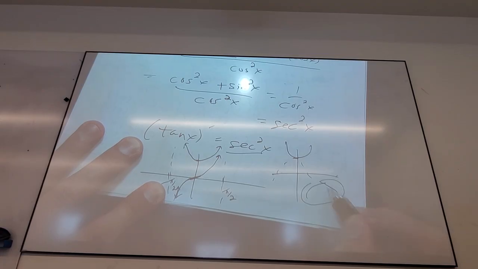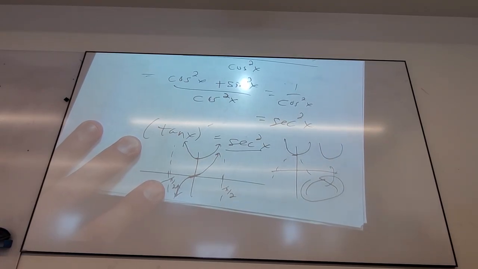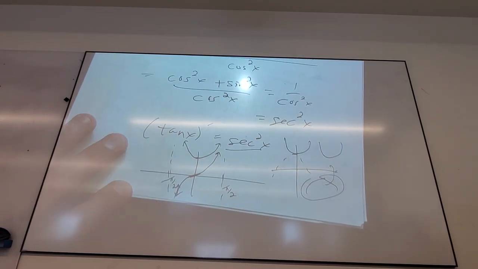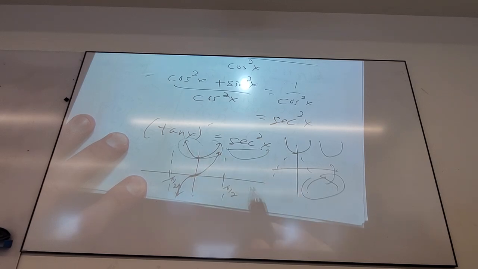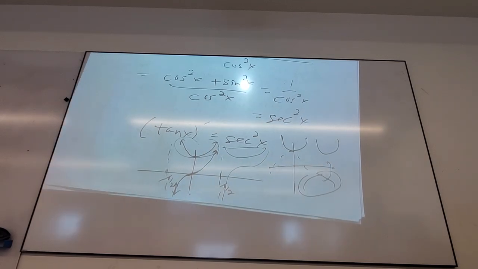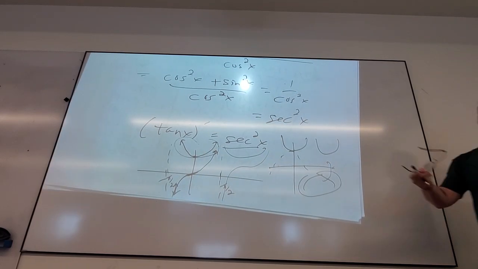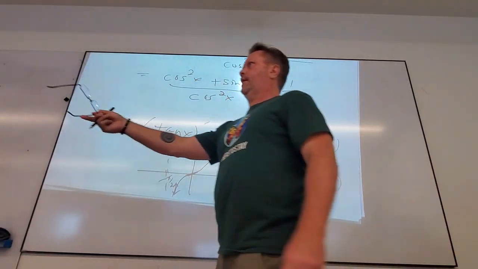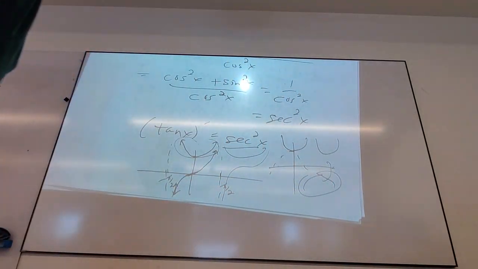If I square it, wouldn't this stuff come up here? That just repeats forever because this repeats forever. So that's what the graph looks like and what the slope is. Tangent x does match with having a slope of secant squared, at least visually roughly. If you have no idea what I just did, it's not the most important thing. You have to memorize that tangent's derivative is secant squared.